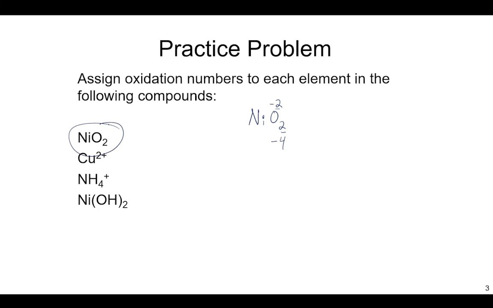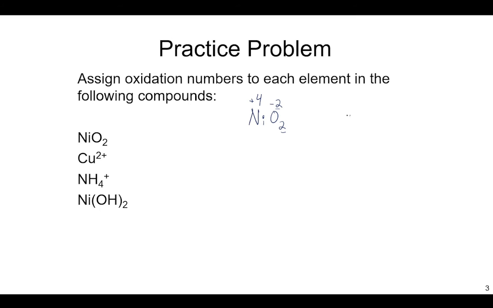This molecule is neutral overall, right? There's not like a 2- up here or a 2+ signaling that there's some charge overall. So it's neutral overall. That means nickel must be +4, right? To balance that -4 of oxygen. So the oxidation number here on nickel is +4. The oxidation number here on each oxygen atom is -2.